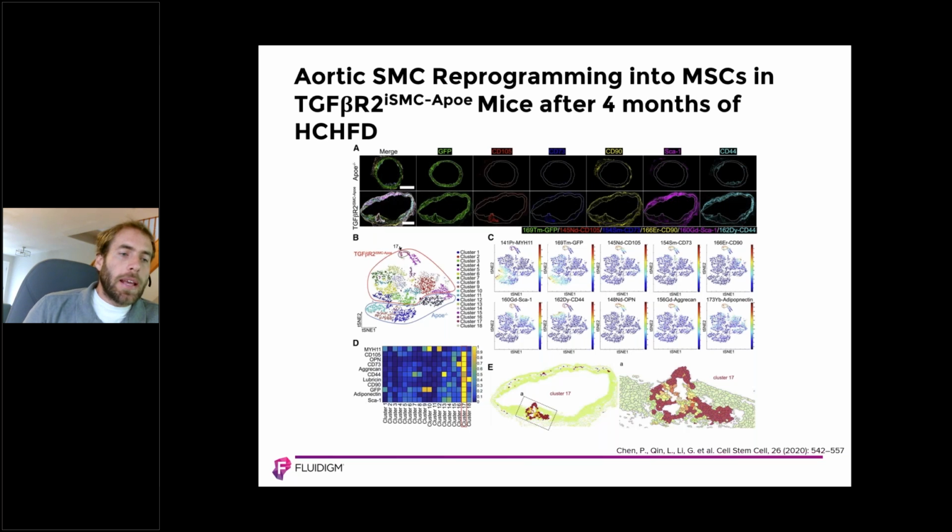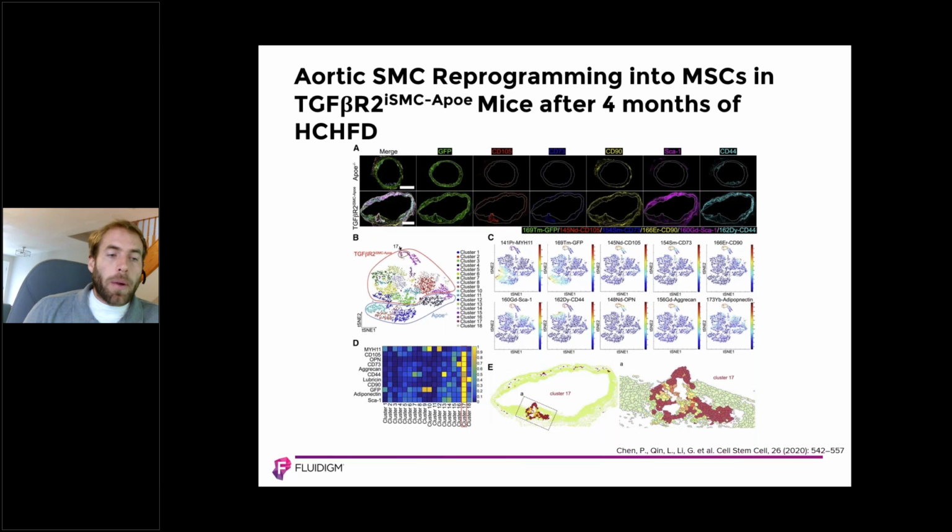What's more is, when you start looking at classical mesenchymal stem cell markers, the authors noted that there was an increase from 1 month, which I don't show that data here, to 4 months, which are what these pictures are here, in these lesions.